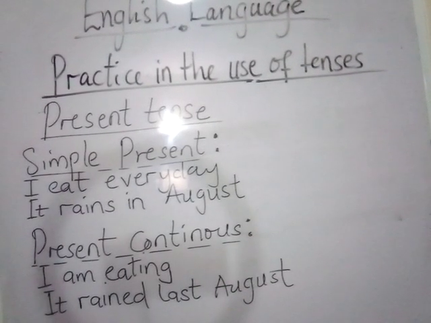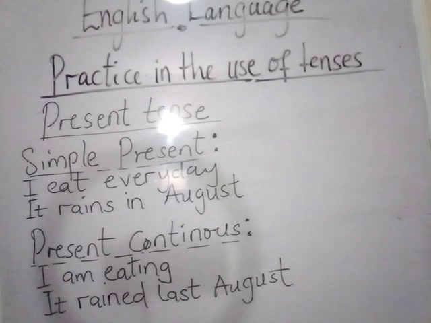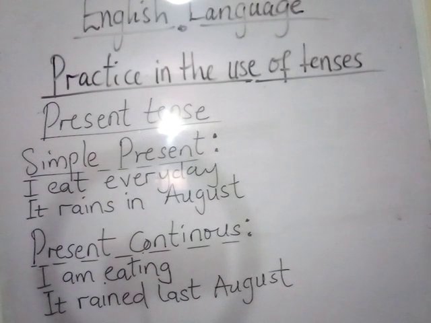So let's look at the first one here, which is the present tense. Remember, I said that in present tense we have the simple present and we also have the present continuous. The simple present, remember I mentioned, talks about habitual happenings. Something that happens like a habit or as a routine, or something that goes on.